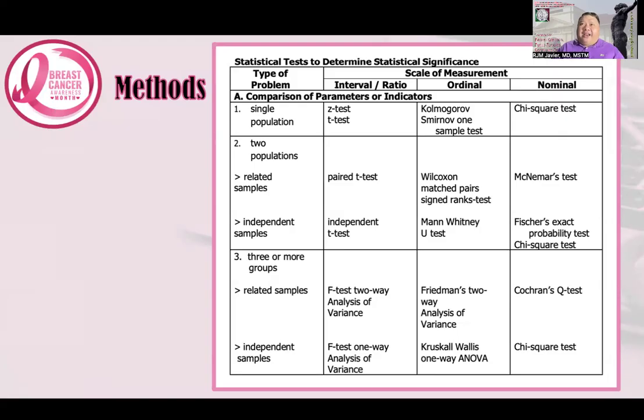On the other hand, let's say you're doing a cohort study involving two unrelated samples, and the outcome variable is a change in HbA1c level. That's something that is discrete or an ordered scale of measurement. So you use a paired t-test.